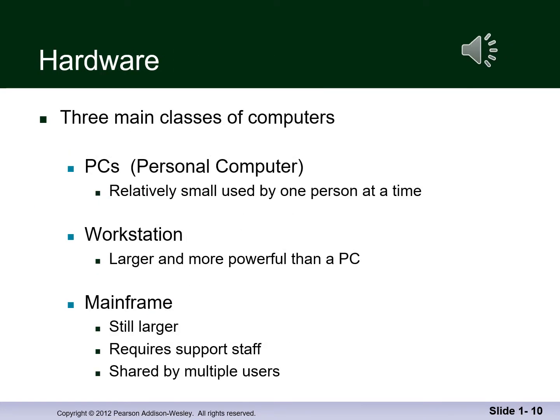Three main classes of computers: PCs, personal computers. I have one sitting in front of me. It's a laptop. There are also desktops, relatively small, and they are used by one person at a time. A workstation is a larger and more powerful computer than a PC.